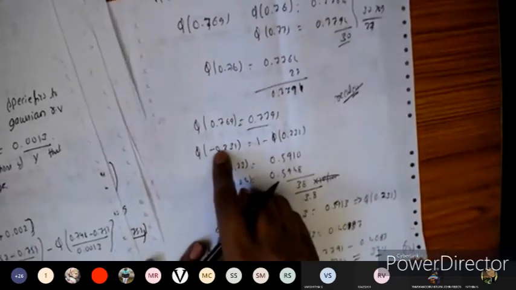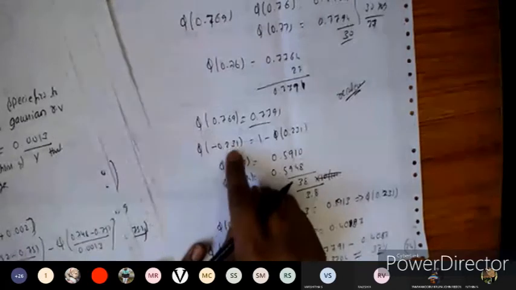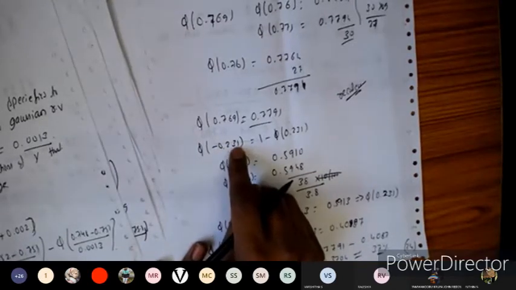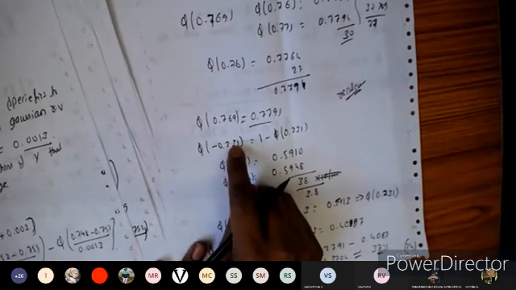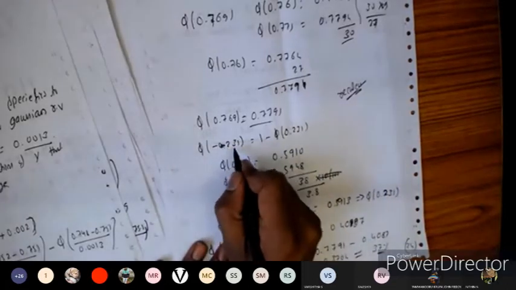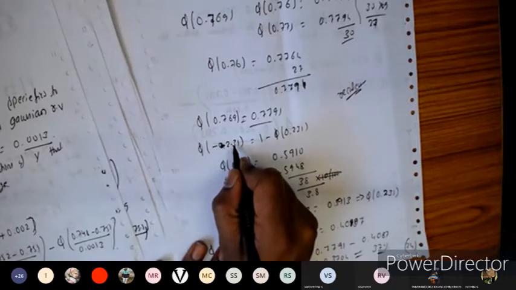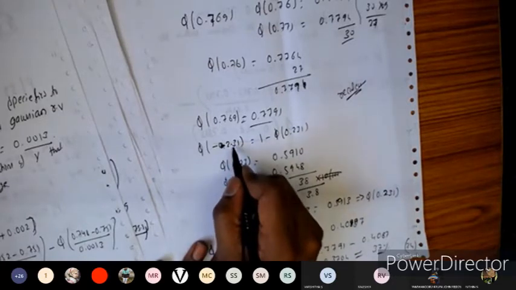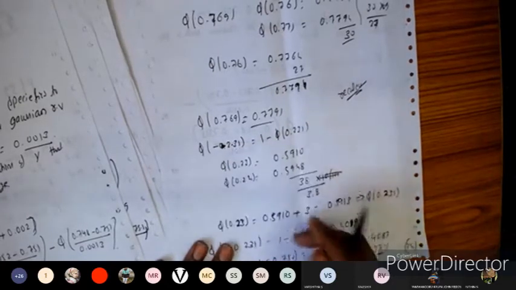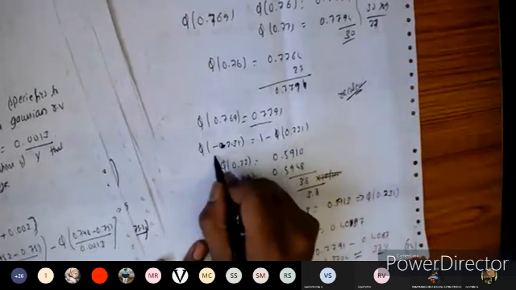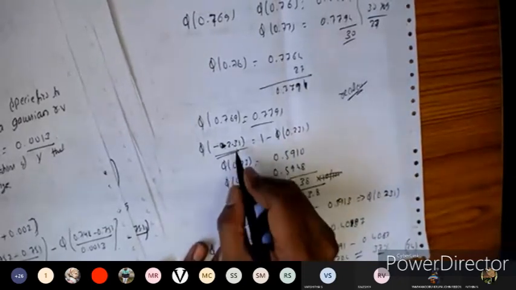Is it minus 2.31 or minus 0.231? This is minus 2.31, no? Yes, sir. Okay, so I think I made a mistake here. I can redo it. This is the point where we made the mistake.